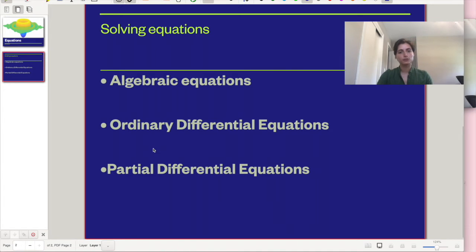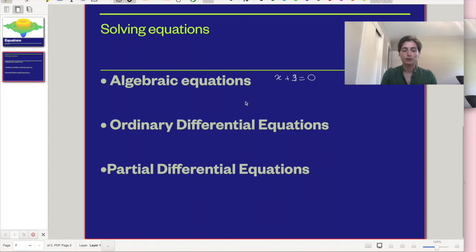I expect you to be fairly familiar with algebraic equations. Those are the standard equations, the equations we are most comfortable with usually. With algebraic equations, we just mean equations like x plus 3 equal to 0, or things of this sort.